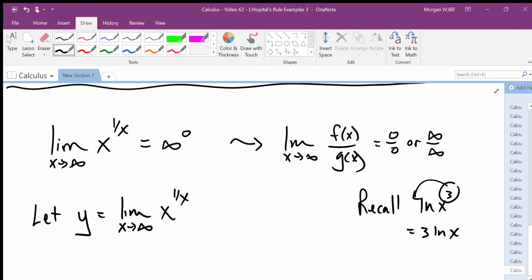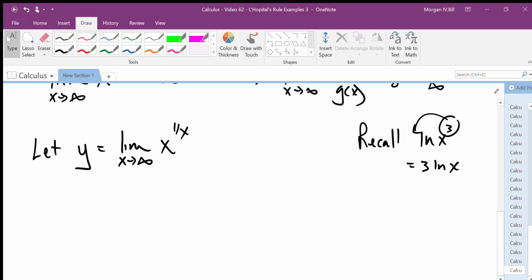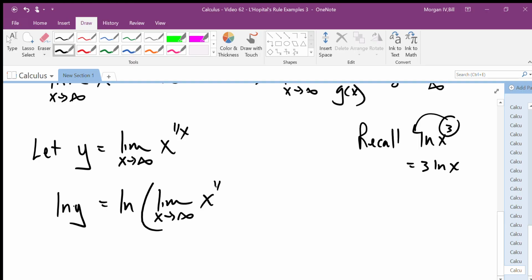If I have two things that are equal, the natural log of those two things are still equal. It's why I need a left-hand side on the equal sign, so I can introduce a natural log to both sides. So if y equals the limit as x goes to infinity of x to the 1 over x, then the natural log of y is equal to the natural log of the limit as x goes to infinity of x to the 1 over x.